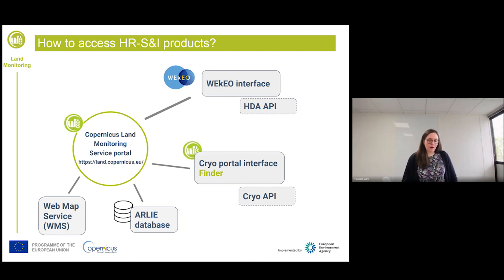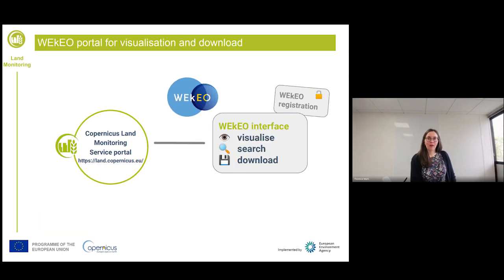And there is the RLIE, so the product Joanna just mentioned, the aggregated river and lake ice extent product. So this is a database, so it has a dedicated data access. So I will start with the description of the WEkEO interface.